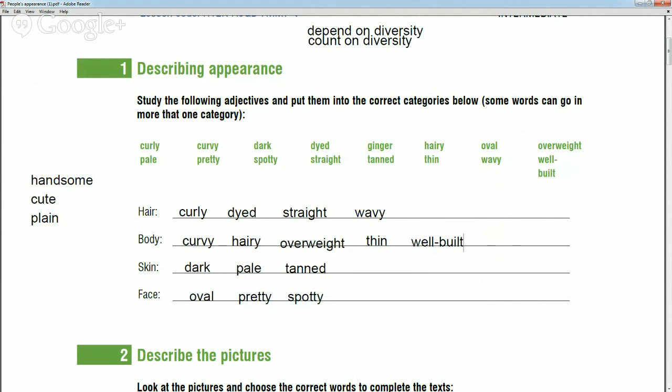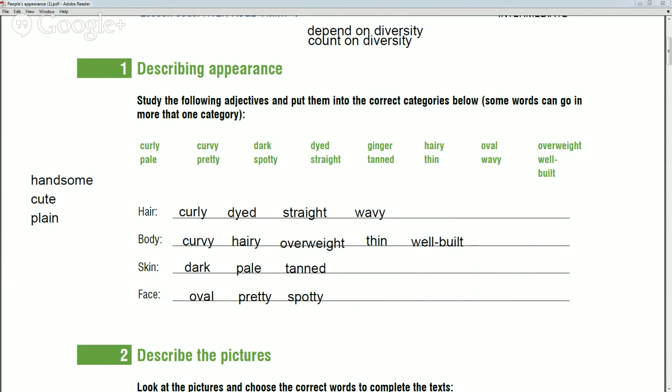Bakri, can you describe yourself using some of these words? Okay. Regarding the hair, none of the above. I have a little bit dark skin, an oval face.